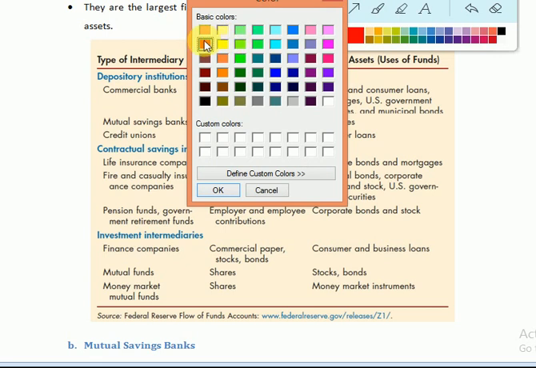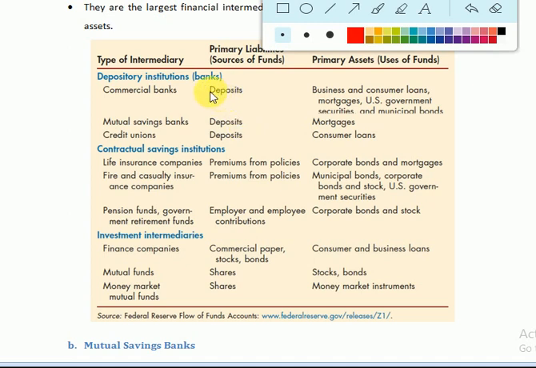The main source of generating funds of depository institutions is accepting deposits. And further, when they accept those deposits, where do they channelize them? In business and consumer loans, mortgage loans, municipal bonds, etc. They are buying securities, etc.